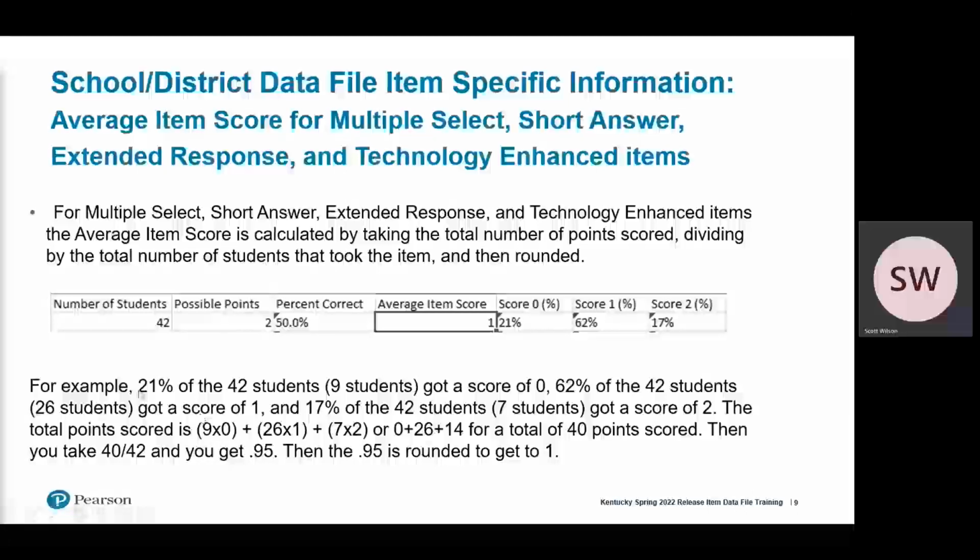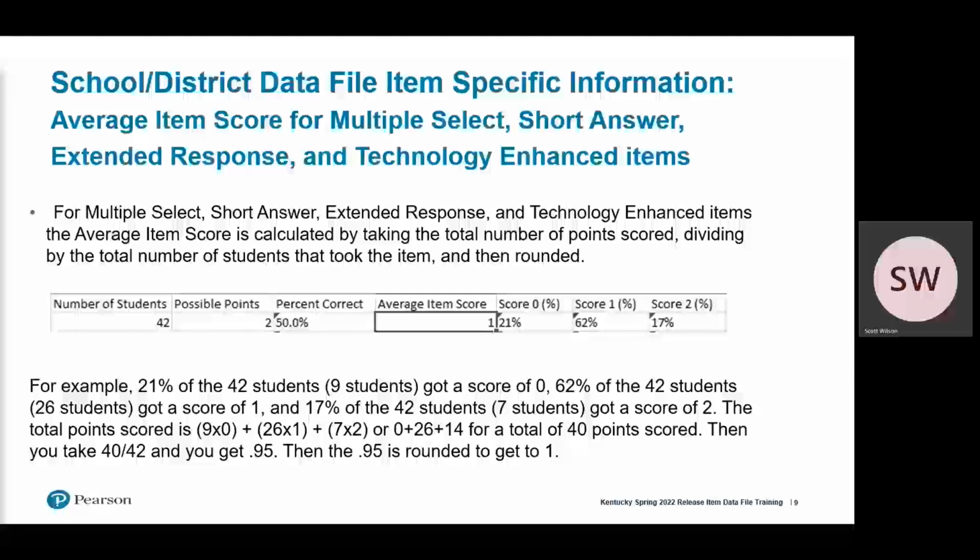For example, 21% of the 42 students, which would be 9 students, got a score of 0. 62% of the 42 students, so that would be 26 students, got a score of 1. And 17% of the 42 students, which is 7 students, got a score of 2.